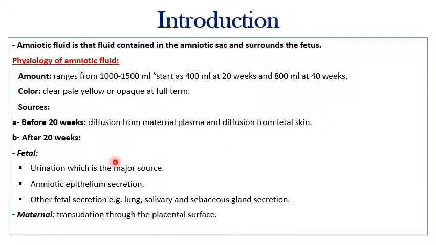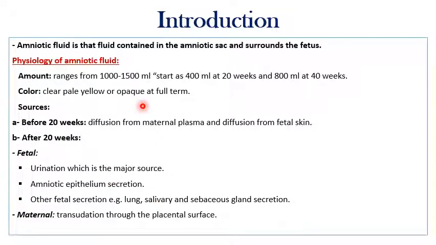Once the fetal kidney is formed in the second trimester and starts to function, fetal urination becomes the major source of amniotic fluid, followed by amniotic epithelium secretion and other fetal secretions as from lung, salivary, and sebaceous glands. These main sources occur usually after 20 weeks, and the maternal source present after 20 weeks is still transudation of a small amount through the placental surface.